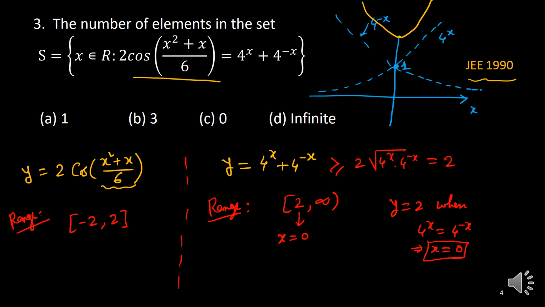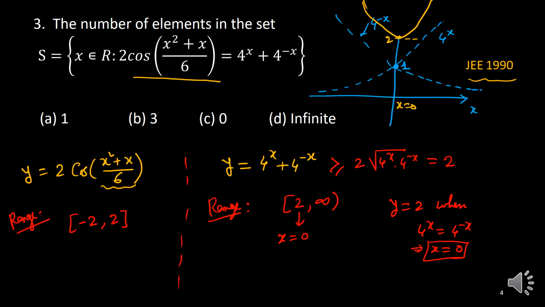It's not exactly a parabola, but it's close to a parabola shape, because this side is increasing exponentially and this side is also increasing exponentially. So you can understand that its minimum value will be 2 and its value will be more than 2. Only at x equals 0 you will have 2.